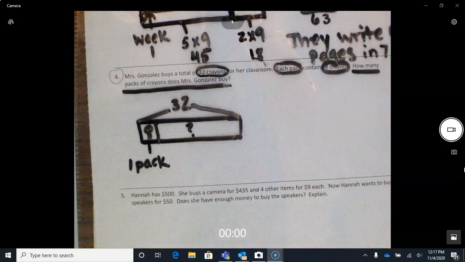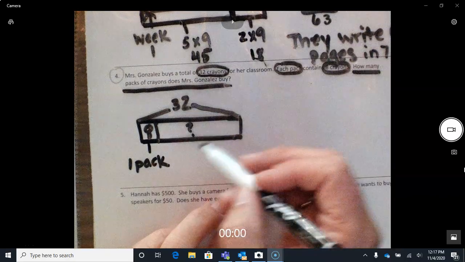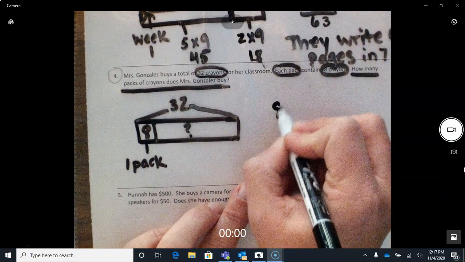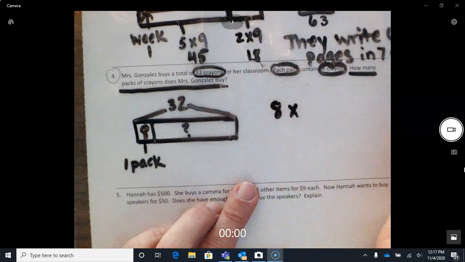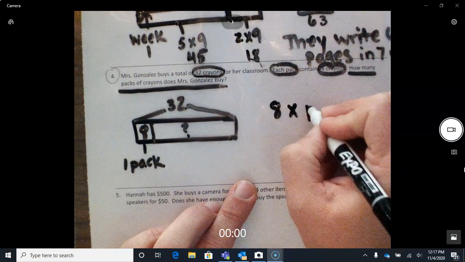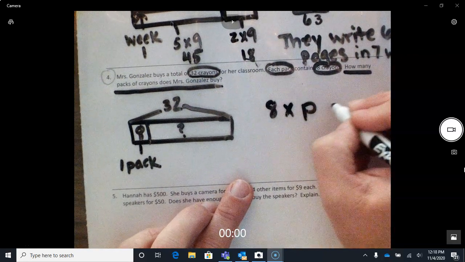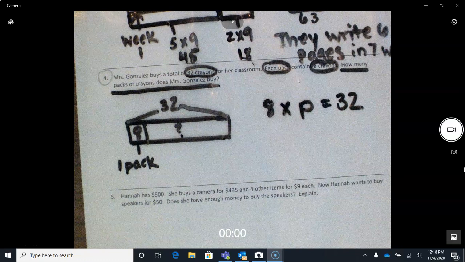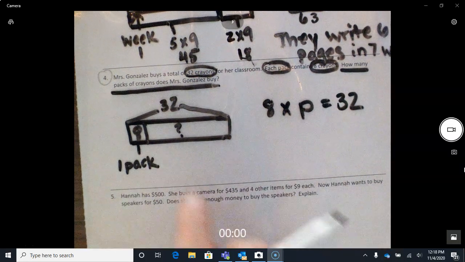So I could write my equation as 8 crayons times, well, I don't know how many packs, so I'm going to label it as P, equals 32 crayons. So now I need to solve for that. So to solve for this, I could continue my skip counting and fill in parts on my tape diagram to get to 32. So let's do that.